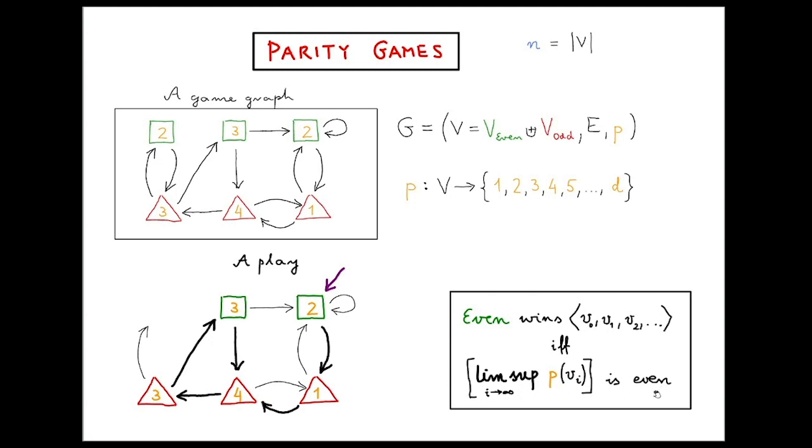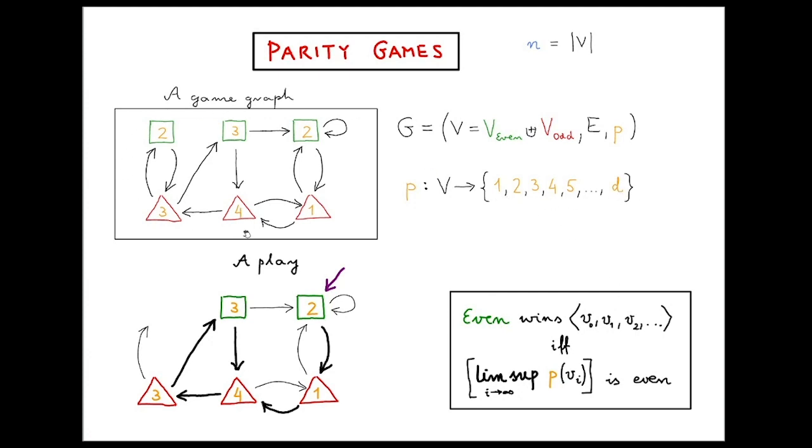The condition says that the highest priority that occurs infinitely often, or in other words, the lim sup of the priorities of all vertices that occur in that infinite play, is an even number. Now, it does exist because there are only finitely many integers.